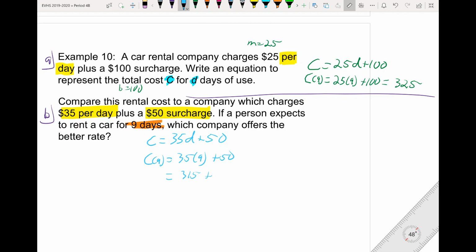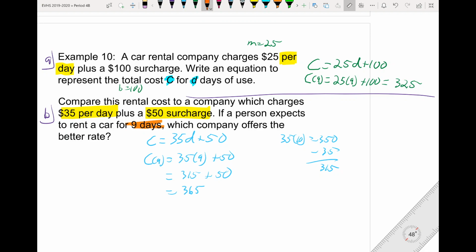No, that was absolutely correct. Come on, guys. 35 times 10 is 350 minus 35 is 315. That would be 35 times 9. Okay. So that's 365.